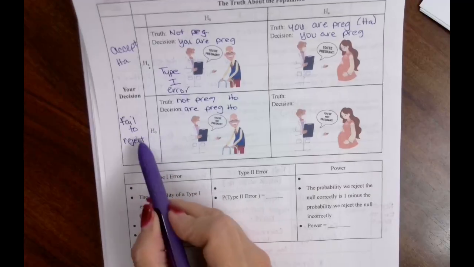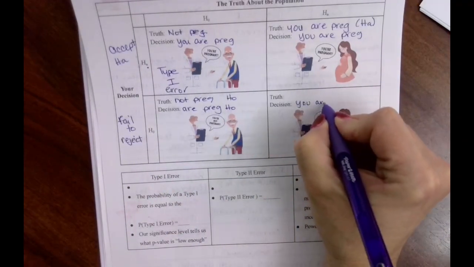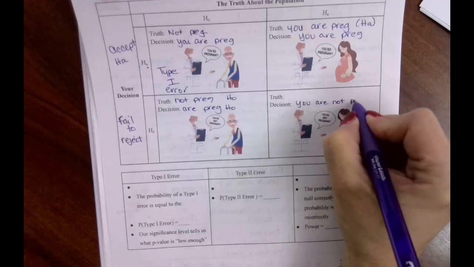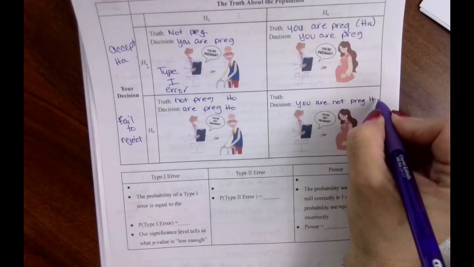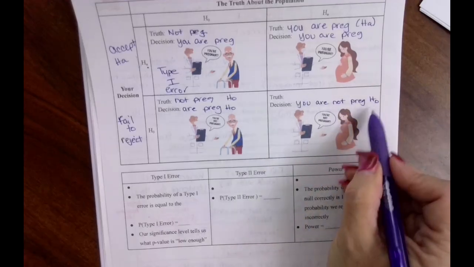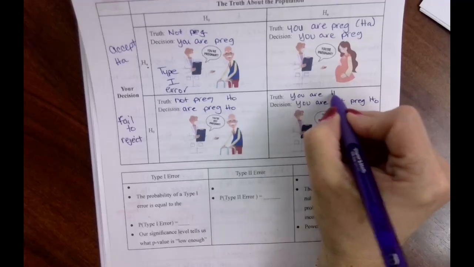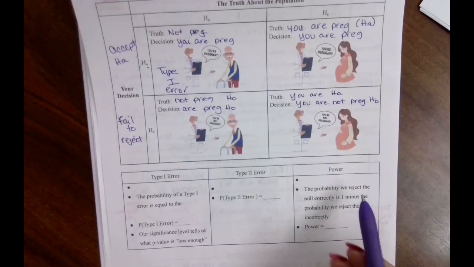So we failed to reject the null. So the decision is you are not pregnant. So we're sticking with H sub naught. You are not pregnant. But the truth is you are pregnant, which is our alternative. Perfect example.